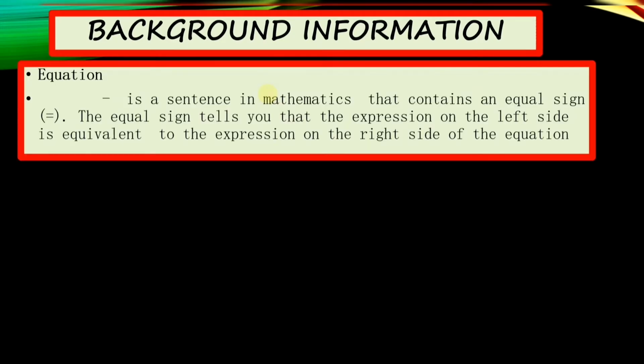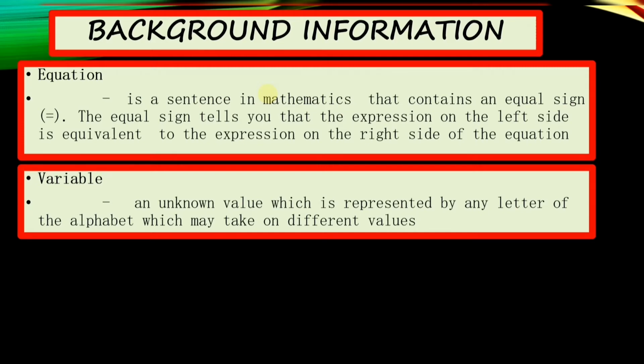Let's have a background information. When we say equation, it is a sentence in mathematics that contains an equal sign. The equal sign tells you that the expression on the left side is equivalent to the expression on the right side of the equation.